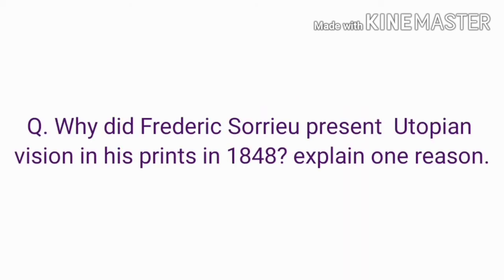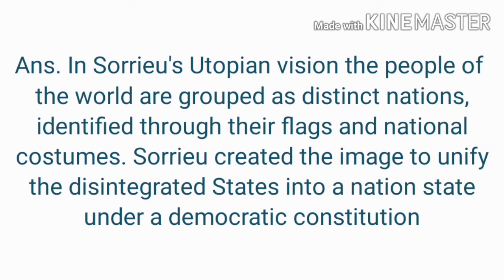Next one, why did Frederick Sorrieu present his utopian vision in his prints in 1848? Explain one reason. In Sorrieu's utopian vision, the people of the world are grouped as distinct nations identified through their flags and national costumes.